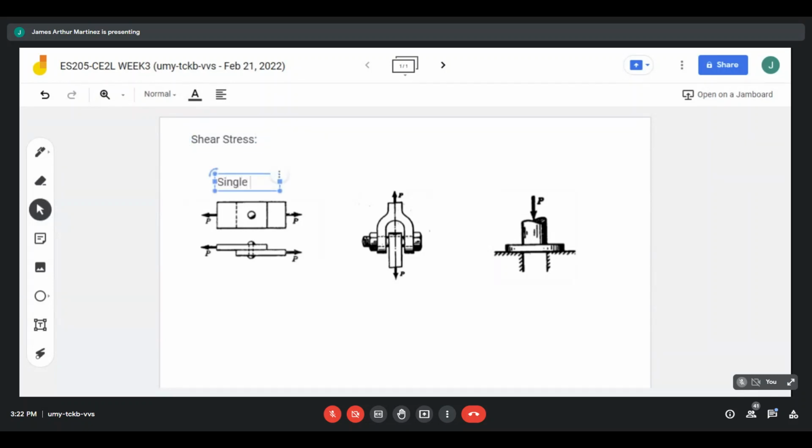Okay, so this is single shear, double shear, and punching shear.